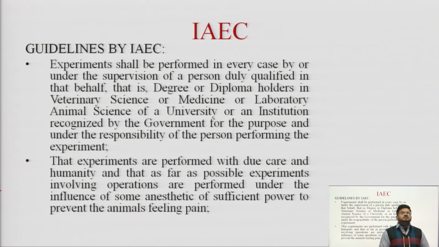Then there are some guidelines provided by the IAEC, the Institutional Animal Ethical Committee. Before using animals, we need to understand these guidelines provided by the Institutional Animal Ethical Committee under the Prevention of Cruelty to Animals Act.